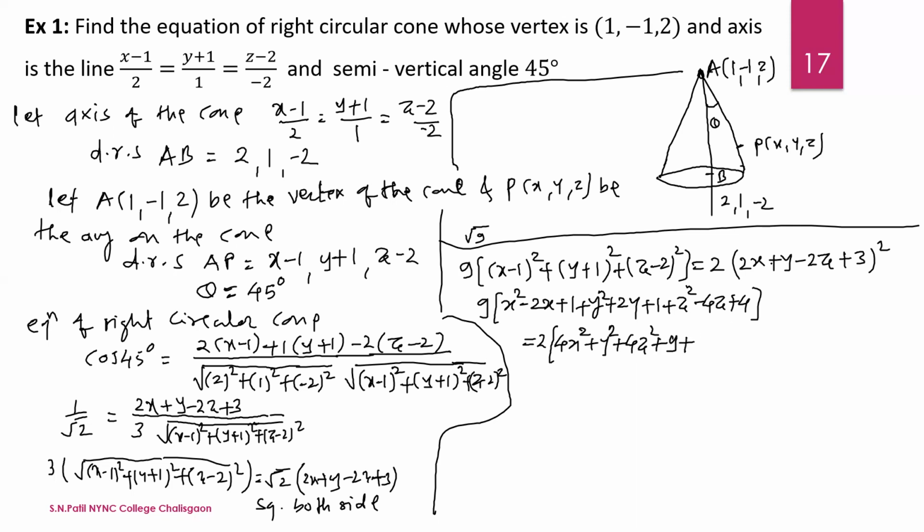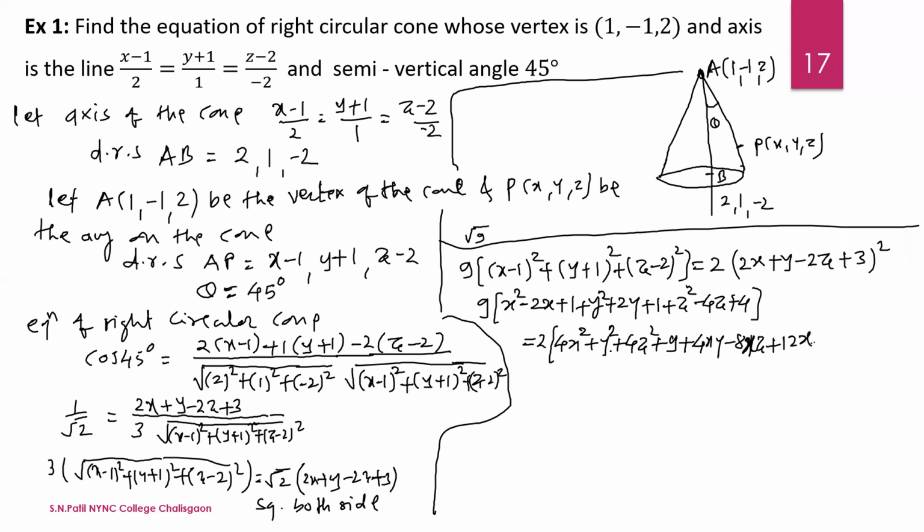Now 2 times ab, that is 4xy, 2 times ac, 2 into 2 is 4, 4 into 2 is 8, minus 8xz. Now 2 into 3 is 6, 6 into 2, that is 12x.